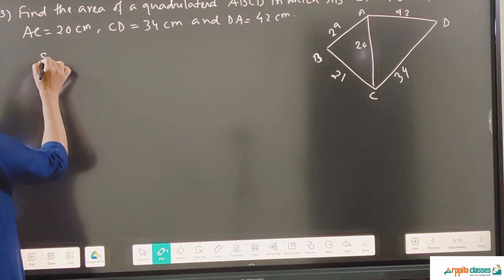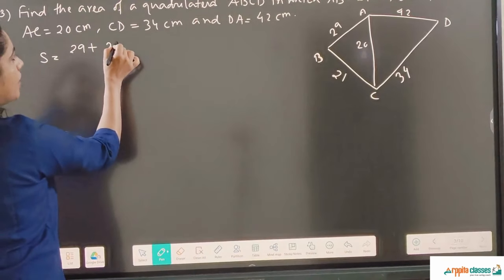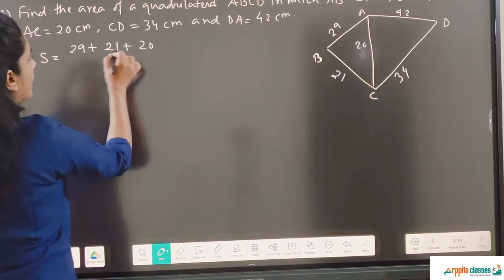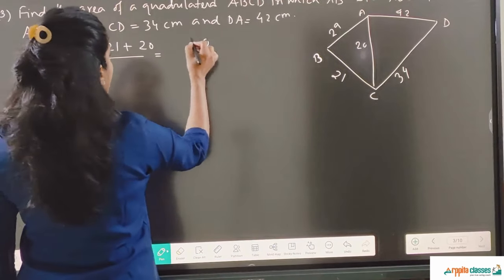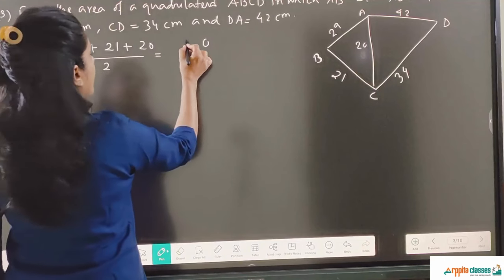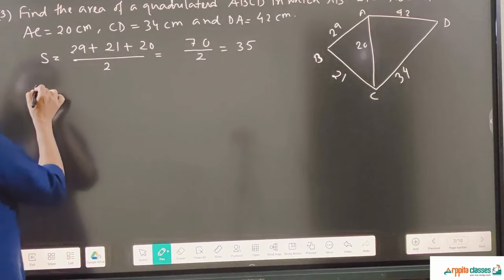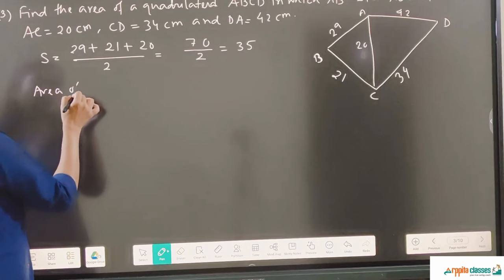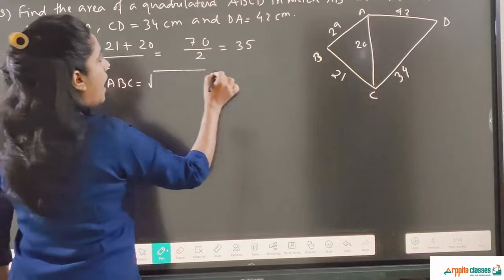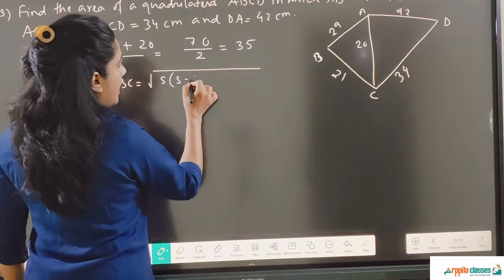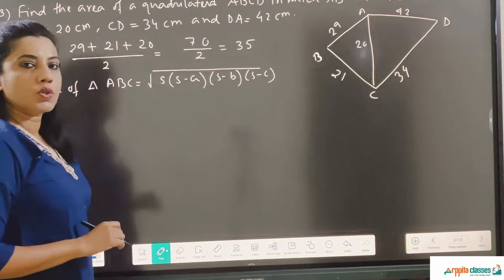Okay, so let us find out the area of ABC. First we will find out S. S is equal to 29 plus 21 plus 20 divided by 2. So it comes 70 upon 2, that is 35. Okay, so area of triangle ABC is equal to under root S, S minus A, S minus B, S minus C. This is Heron's formula.